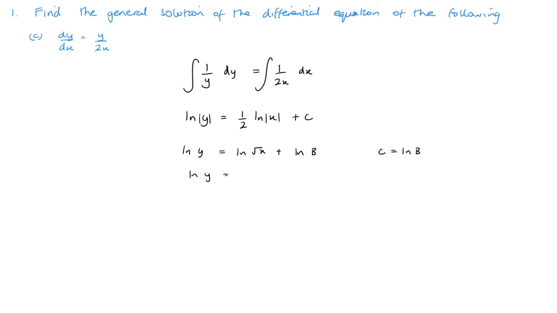And then log y equals log b root x. So that means y equals b root x, or y squared equals b squared x, where, for example, a could be equal to b squared, and that will give me y squared equals ax.